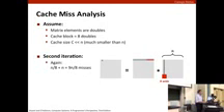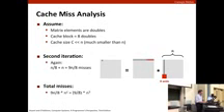These rows are way too big to fit in the cache, so we don't get any temporal locality. So the total number of misses is 9n over 8 times the number of elements that we're updating, which is n squared. So our total misses is 9 over 8 times n cubed.